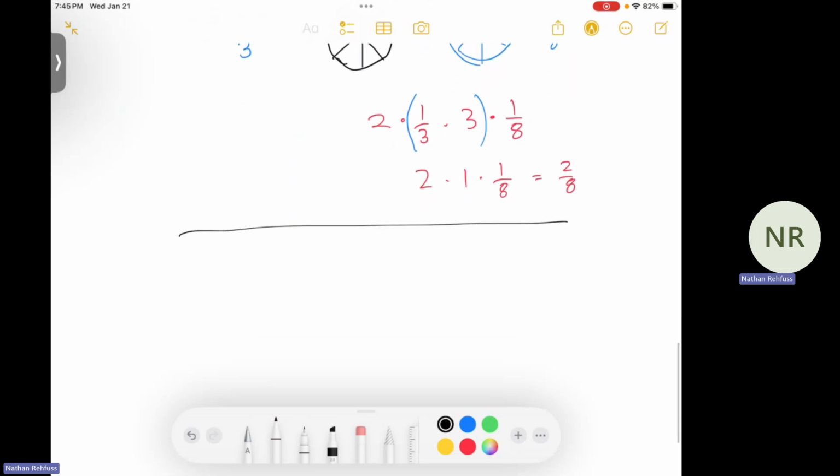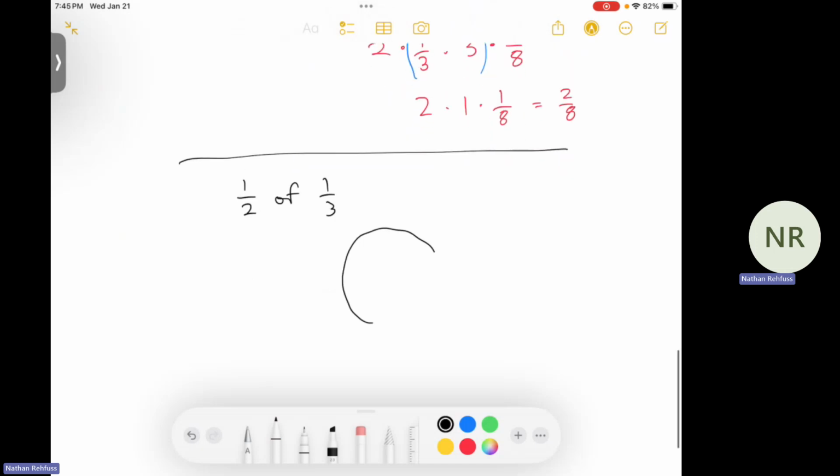Now, what should I do if I have to say 1/2 of 1/3? So when I write 1/3, I take my pie, and it's a small pie, so I cut it into 3 equal pieces, and I wanted to eat one of those pieces. But 1/2 says we want just 1/2 of one of these pieces. So we're going to cut each piece in half.